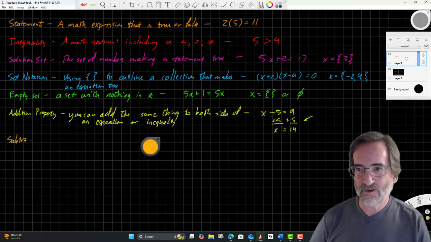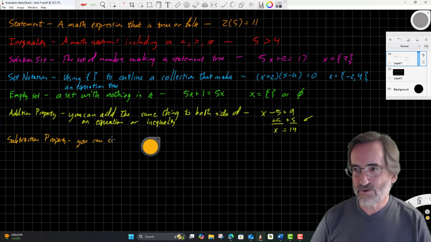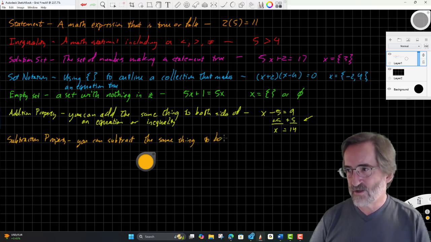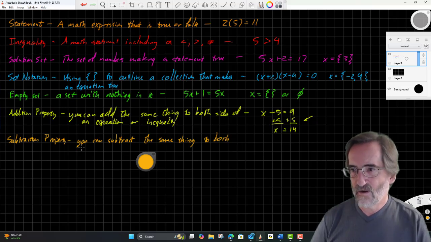Subtraction property. You can subtract the same thing to both sides of an equation or inequality.